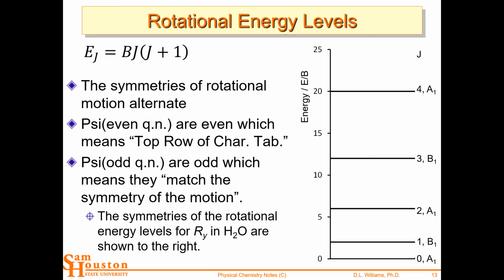If water's rotating around the y-axis, I go to the character table, find RY, and come across, and I'll see B1. That doesn't mean all the energy levels are B1. That just means the ones that have odd quantum numbers are B1. The even quantum numbers are A1. So it goes top row, symmetry of the motion, top row, symmetry of the motion.